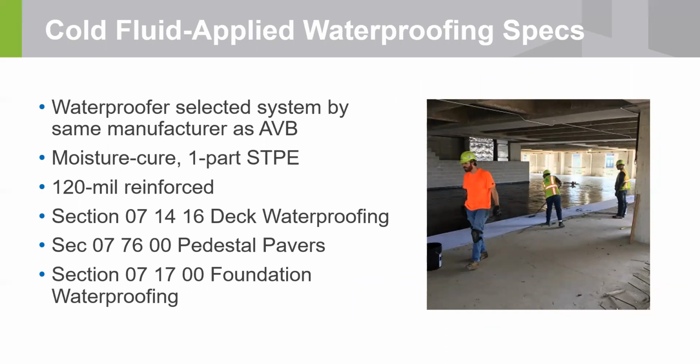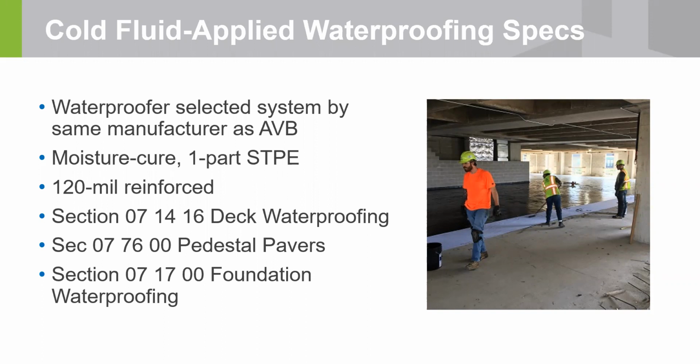So as I mentioned earlier, with the obligation for the manufacturer to come once a week and walk the job site with the installer, they also gave the work to the same manufacturer for the cold applied waterproofing, which is a moisture cure silane terminated polyether. It was put on anywhere that you've got overburden, like concrete topping slab or pavers and pedestals.